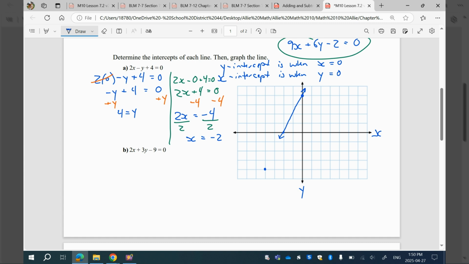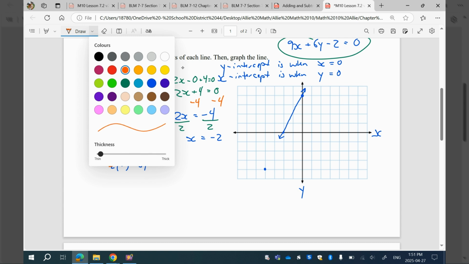They just asked us to determine the intercept. So let's do this one. And so now we're just going to input 0 again. So we're going to go 2 times 0 plus 3y subtract 9 equals 0. 2 times 0 is 0, so that's gone. We now have 3y subtract 9 equals 0. Let's add 9 to each side to get it onto the other side.